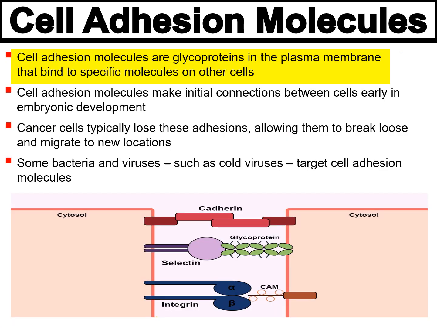Cell adhesion molecules are a group of transmembrane proteins, such as cadherins, integrins, and selectins. Cell adhesion molecules are cell surface proteins that bring about cell-to-cell adhesion by binding to molecules on the surface of other cells.